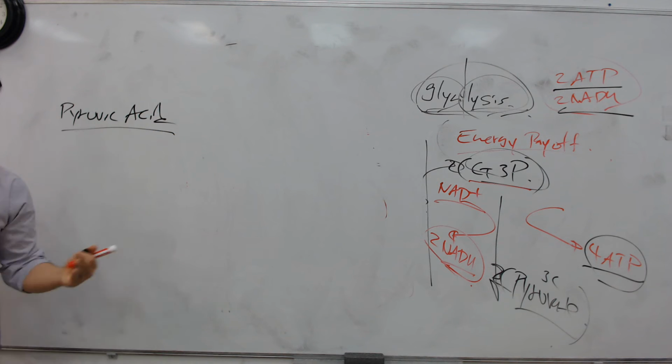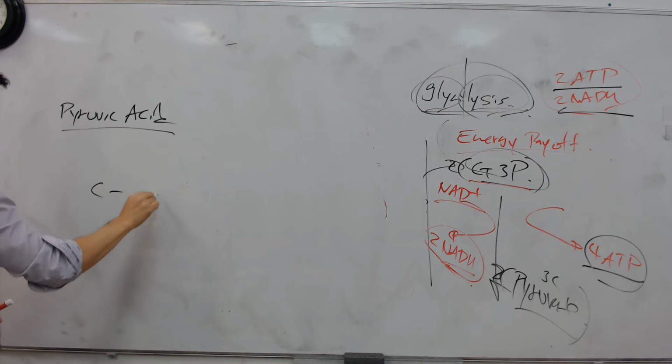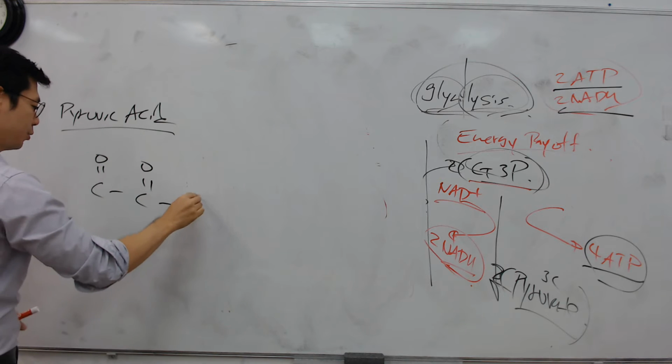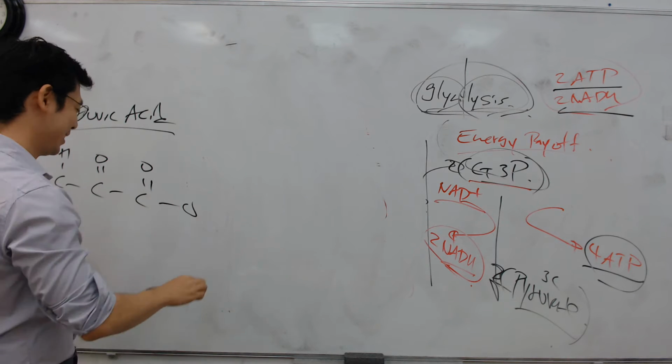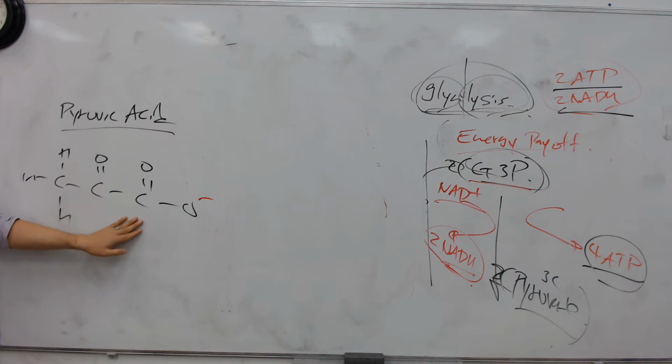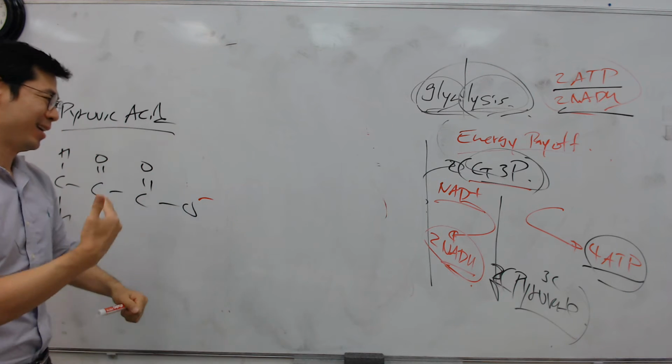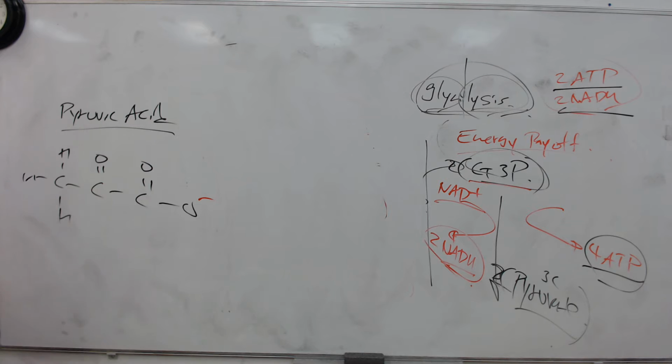into something else. What's the difference between pyruvic acid and pyruvate? You don't have to know the shape, but this is pyruvate and this is pyruvic acid. What is a pyruvate? Think of acetic acid and acetate: get rid of the H, the H plus pops out, so H plus is given off.